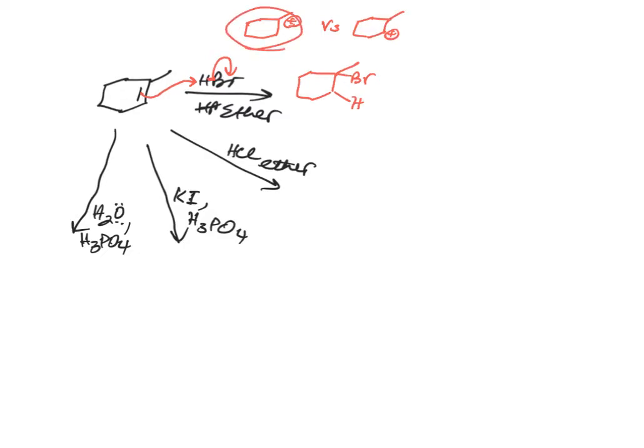Of course, the tertiary carbocation is going to be more stable, which is where the Br minus is going to come in, attack, and give you the product. Now, when we have the HCl, on the other hand, the HCl is going to bring in the H and the Cl.